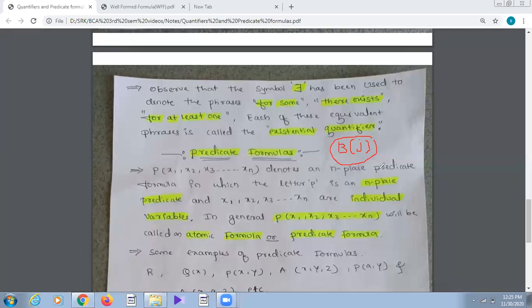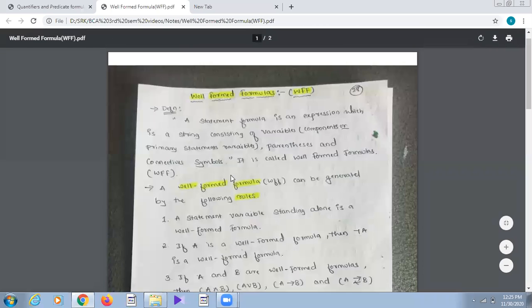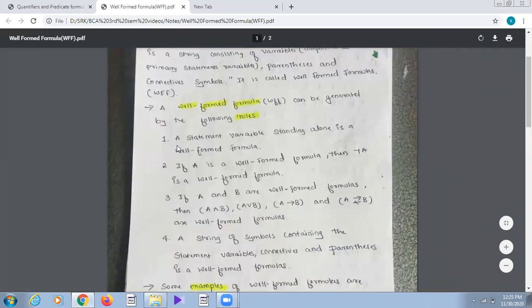Before, in the first unit, we studied the well formed formula for all these connective symbols. For connective symbols, a particular variable standing alone is also called a well formed formula.